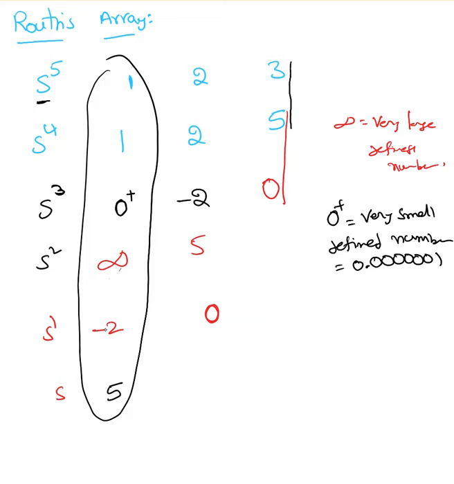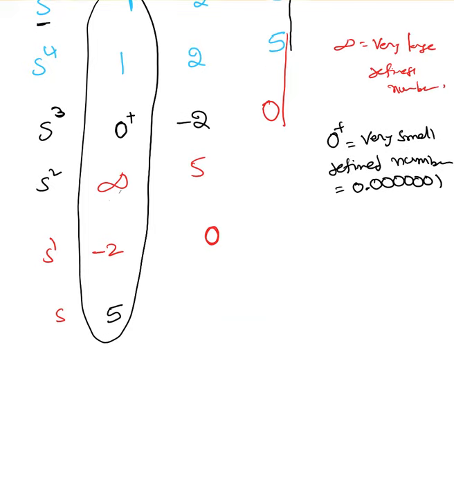Now there is a sign change one time, and again a sign change another time. Even one sign change is good enough to know that this system is unstable. So this system has 2 unstable poles, so this system is not stable. Thank you.